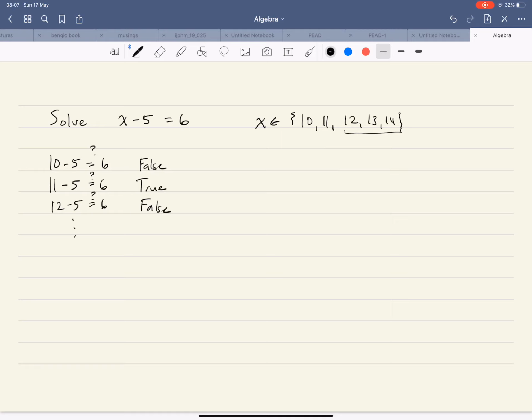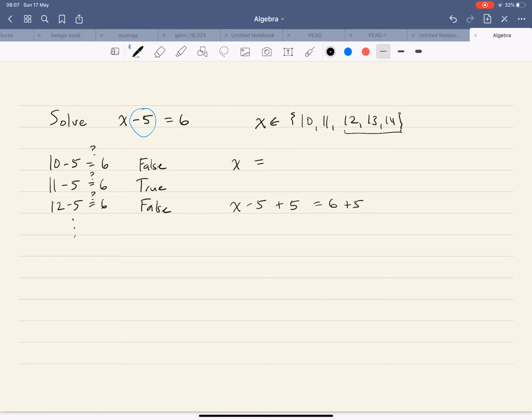A much less tedious way of solving this would be to say, well, I'd like to isolate x so that I wind up with this expression x equals something. And in order to isolate x, I need to get rid of this minus 5 on the left-hand side. The way that I do that is just add 5 to both sides, right? So I have x minus 5 plus 5 equals 6 plus 5.